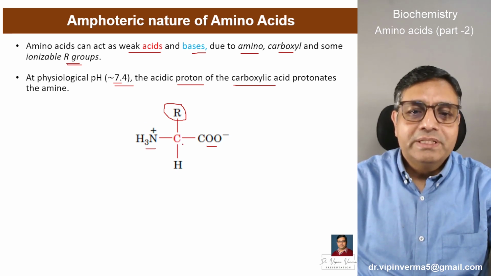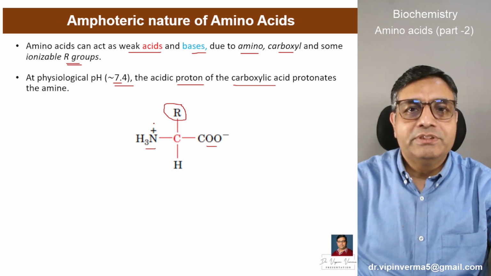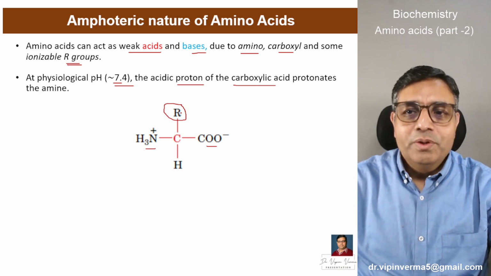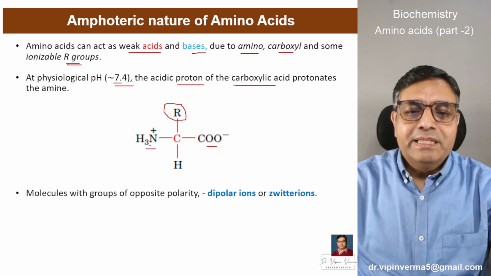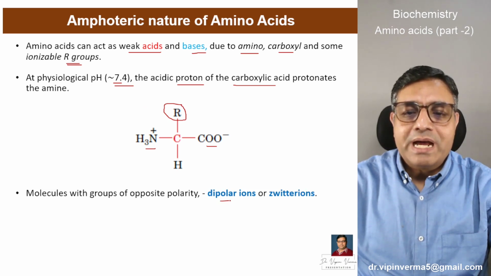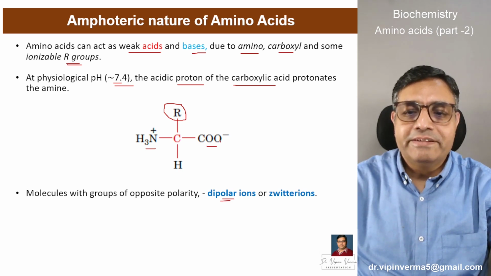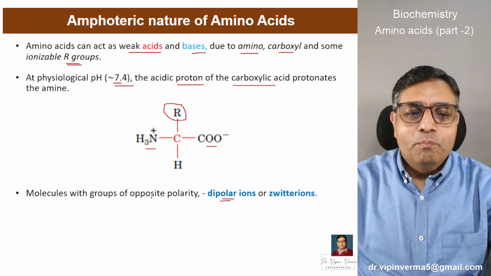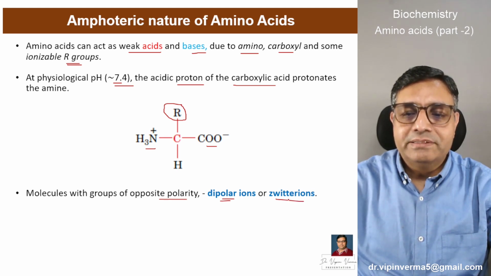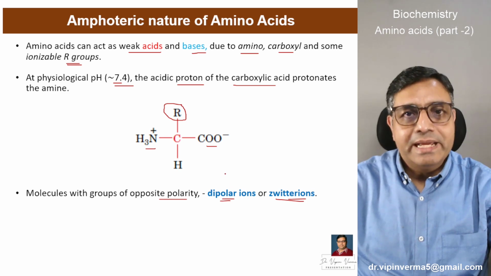Therefore now the amino acid has one negative charge and one positive charge, and that is happening when R is neutral. It has no ionizable group. So that makes the molecule a dipolar ion because it has two poles, one positive, another negative, and such molecules of opposite polarity are called zwitterions or dipolar ions.